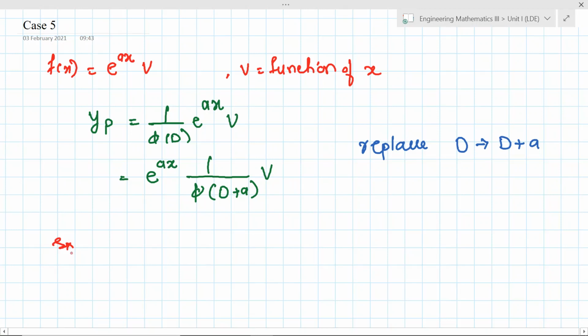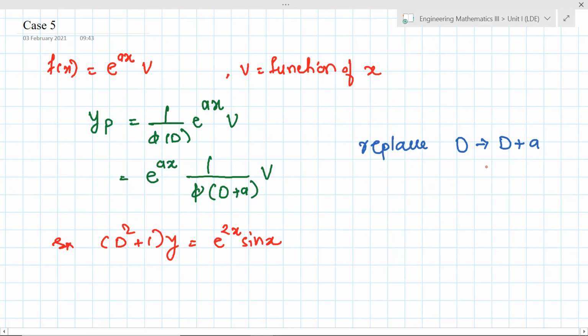Suppose I have (D square plus 1) into y is equal to e raised to 2x into sin x.